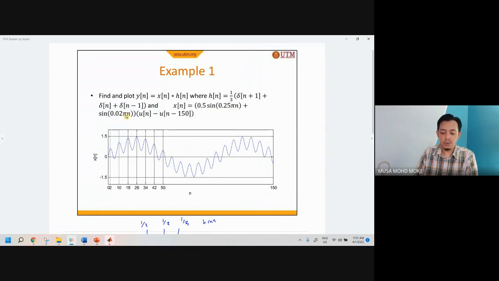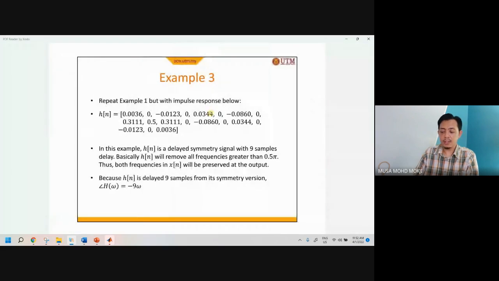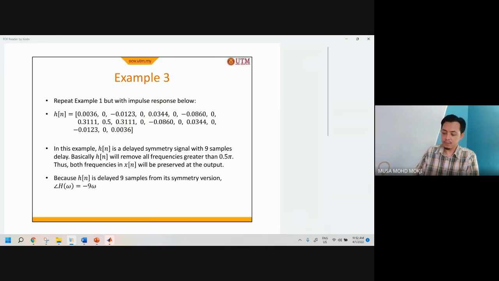So these two frequencies will be preserved, because what will be removed is frequency greater than 0.5 pi. But because this is a delayed symmetry system, we will have a delay.